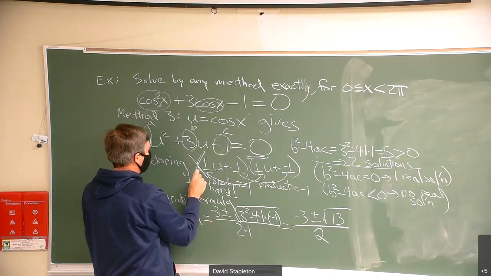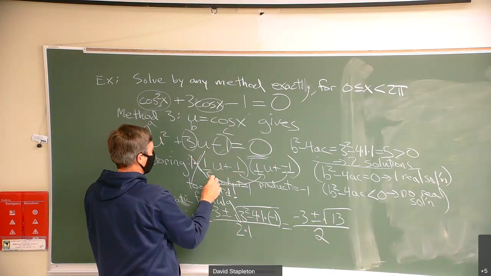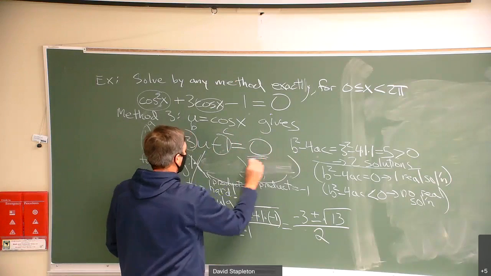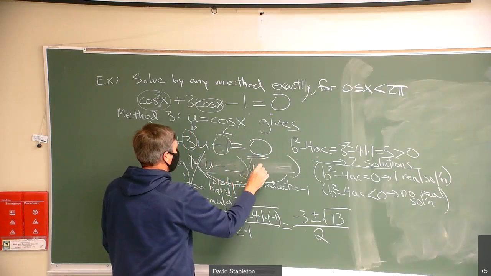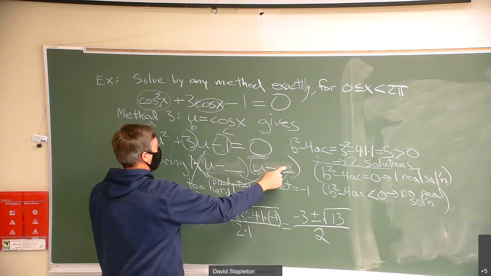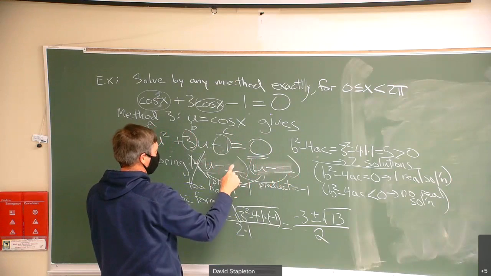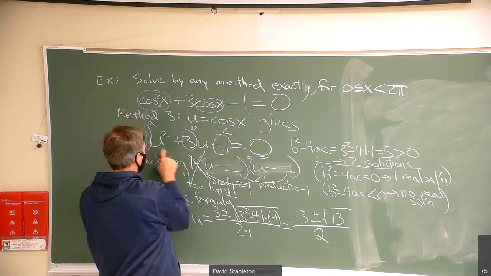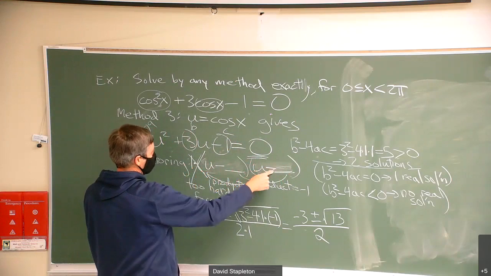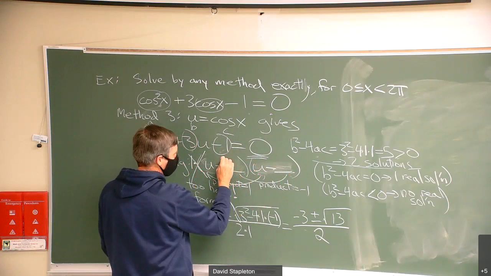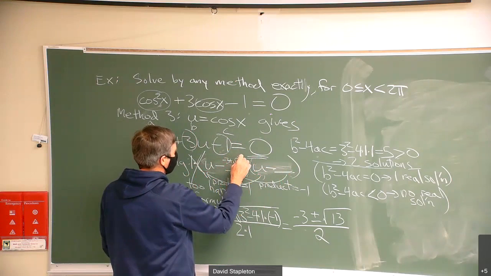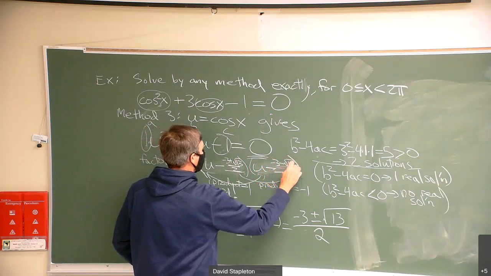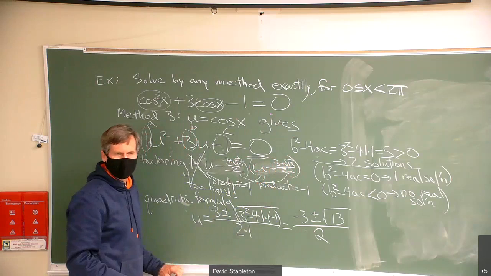You take the lead coefficient, put it out here, and then u minus blank, u minus blank, and whatever the quadratic formula says, that's what goes in the blanks if you put minuses here. And what had to go in here was minus 3 plus square root 13 over 2, and minus 3 minus square root 13 over 2. No wonder we couldn't guess, it was too hard, right?